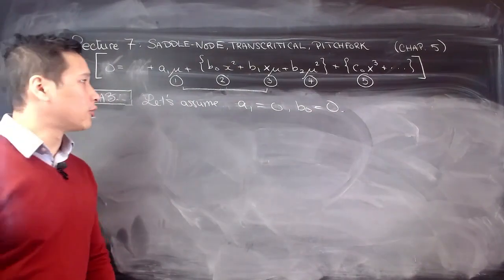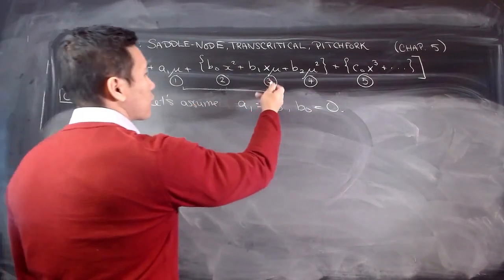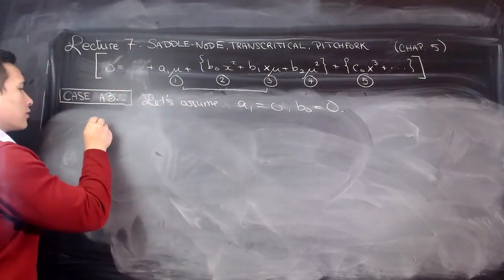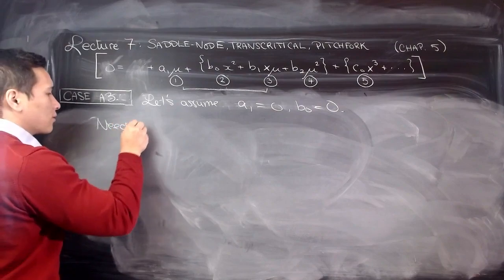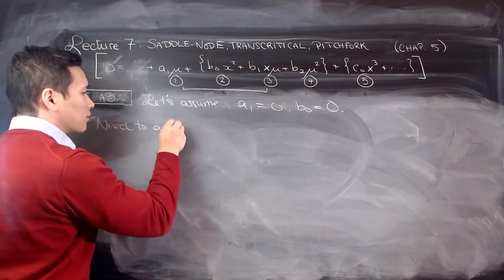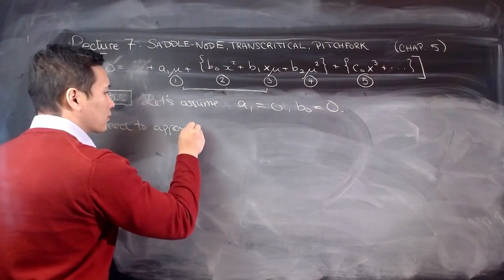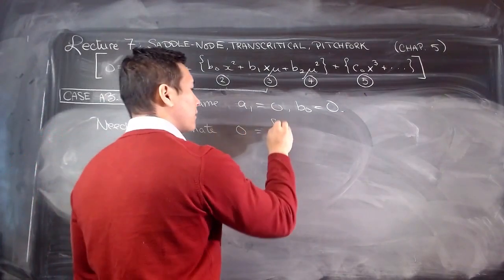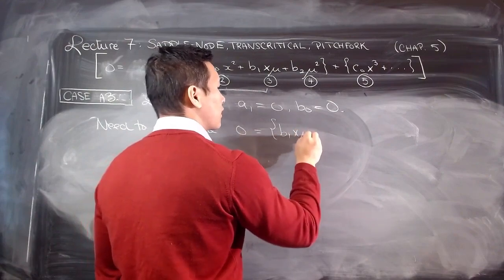And then now you need to solve the equation with terms 3, 4, 5, 6, 7, and so forth and so on. So now you need to approximate 0 is equal to, I've got my B1s, those are still there.